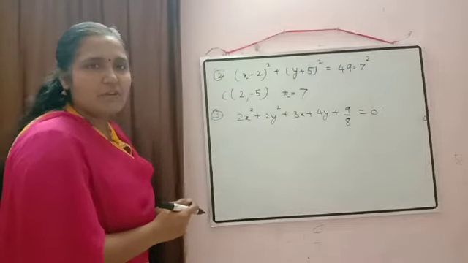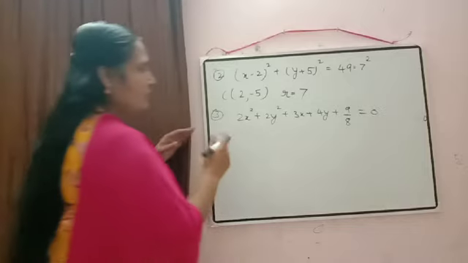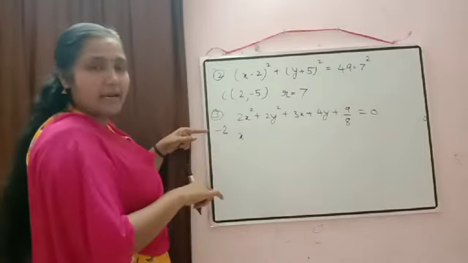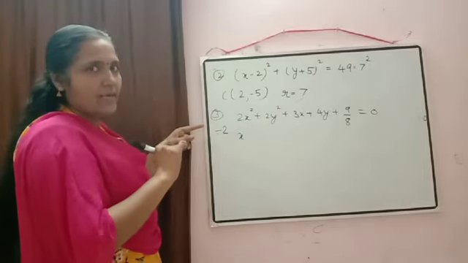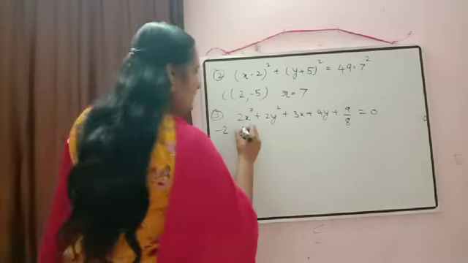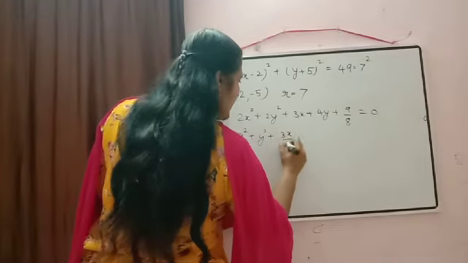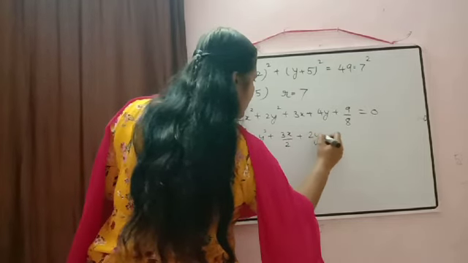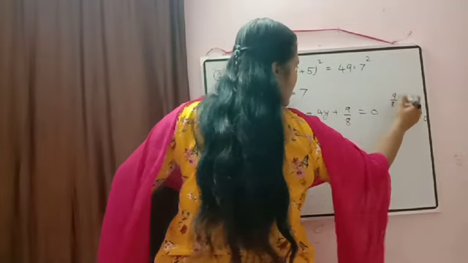So first what we will do, we will divide the whole equation by 2. Why we are dividing it by 2? To make the coefficient of x square and y square equal to 1. Then we will get here x square plus y square plus 3x by 2 plus 4y by 2 plus 9 by 8 by 2 equal to 0.